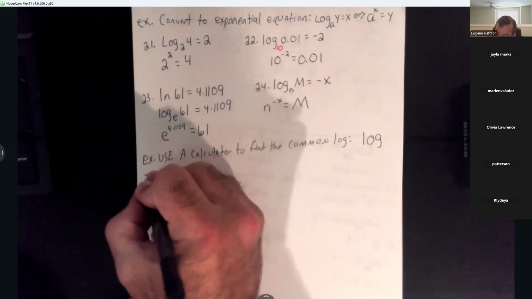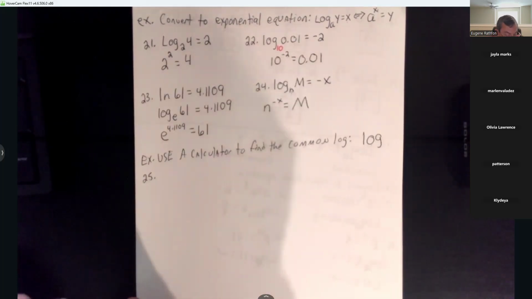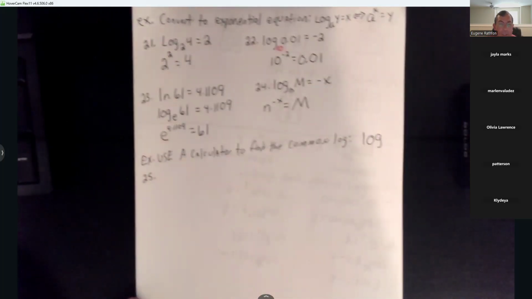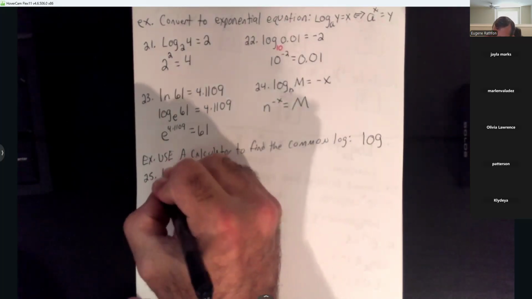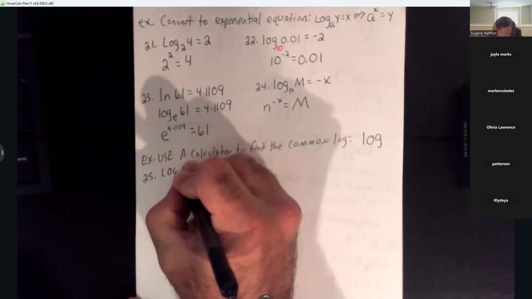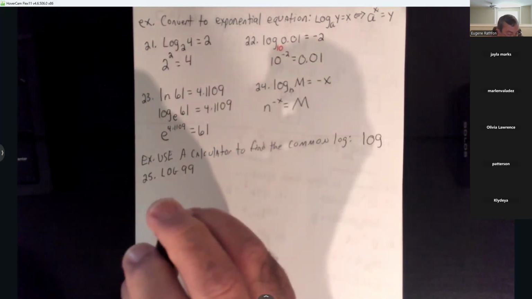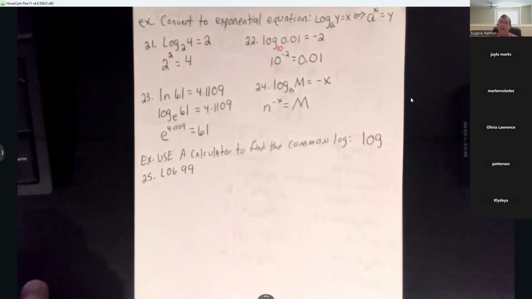So these started at 25. And they want us to round them to 4 decimal places. So I got log 99. All right, y'all, so you'd use your calculator for that.